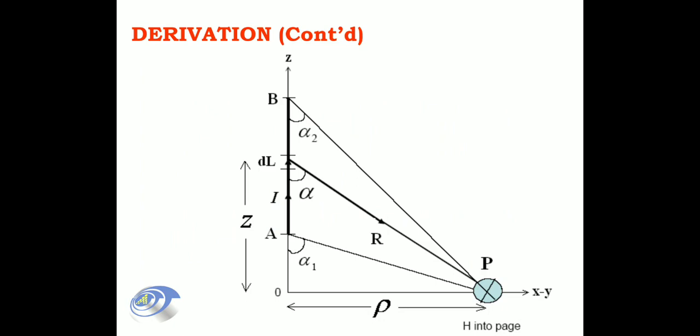For this particular point B, I have 0, 0, z, whereas for this particular point P I have 0, rho, 0, which is in the xy plane.